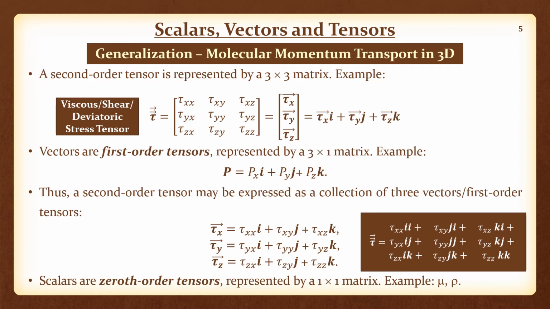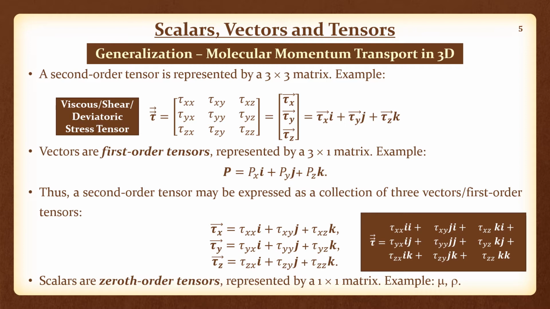And therefore, you have a tau x vector, which is the shear stress along the x direction, which has 3 components: tau xx, tau xy, tau xz. Tau y, the shear stress along the y direction, has 3 components: tau yx, tau yy, tau yz.